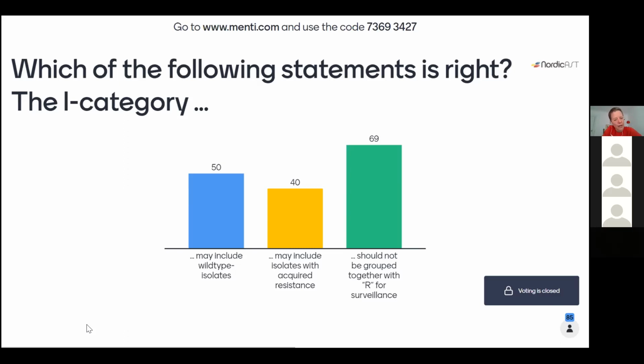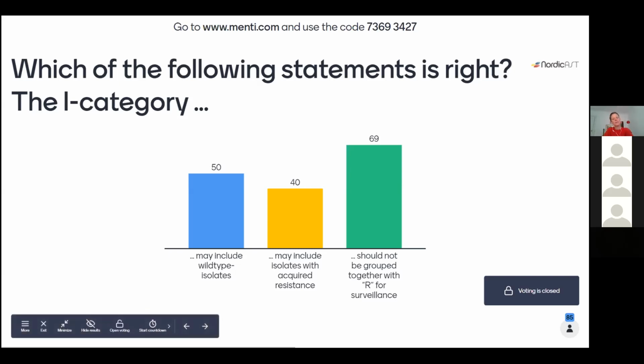The I category may also include isolates with acquired resistance, and an example for that would be benzyl penicillin and pneumococci, where you've got an I category where, if it's not meningitis, you can treat with high dosage benzyl penicillin.